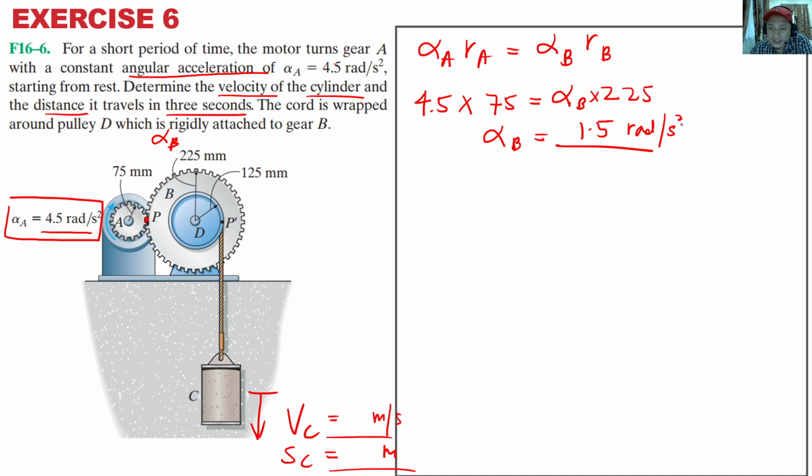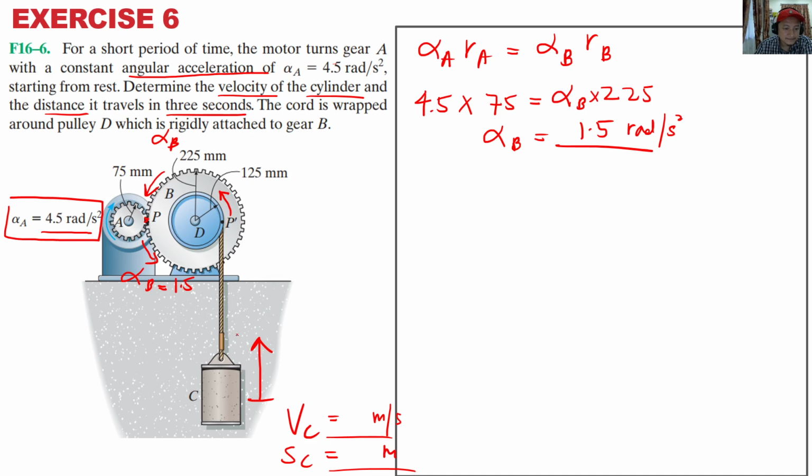radian per second squared. If this is rotating, this one rotates like this, they are on a similar shaft. Oh, okay, something wrong, the direction of motion is not this way. VC actually goes up because this one rotates like that. And you know already, alpha B is equivalent to 1.5.